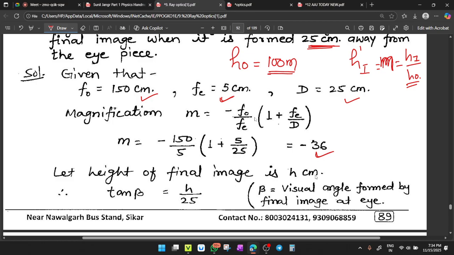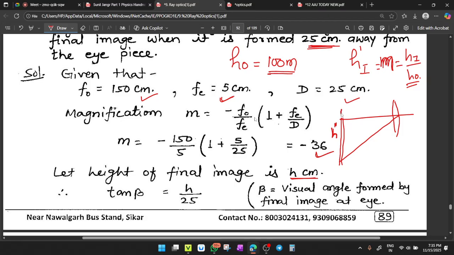Let the height of the final image be h centimeter. So tan beta is equal to h upon 25. We don't know the height of the final image. Clear? Yes, this was the eyepiece. Yesterday we have seen this, and this was the angle made by the eyepiece. This is the final image, h dash, right?